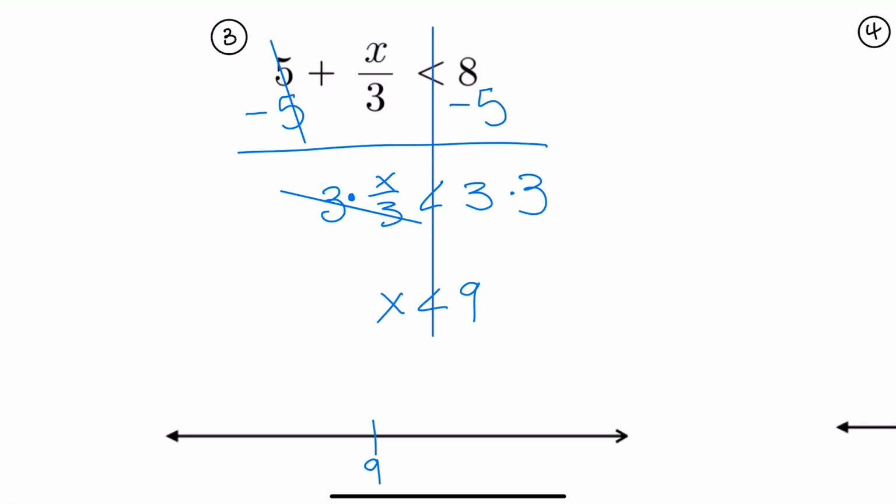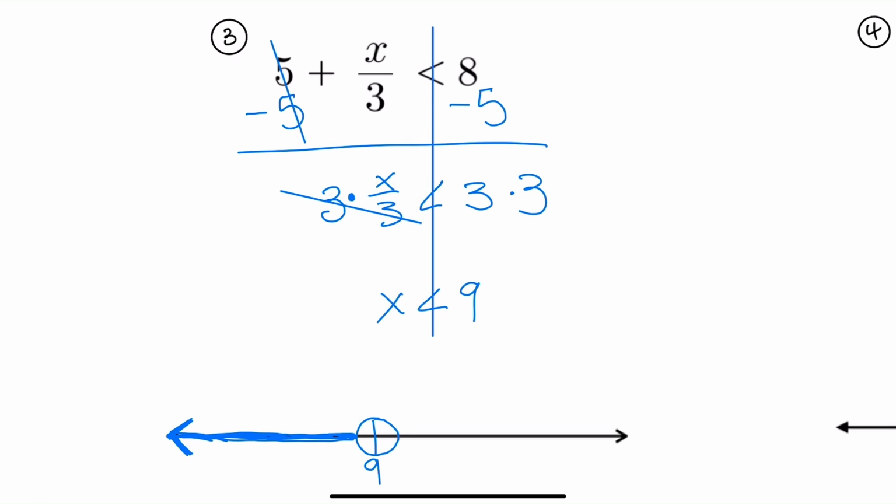And then we're going to look at our symbol here. So this is a less than symbol. Since it doesn't have that line underneath it to say less than or equal to, we are just going to leave our circle empty. And then it's less than, so we're going to follow that arrow going this way for less than.